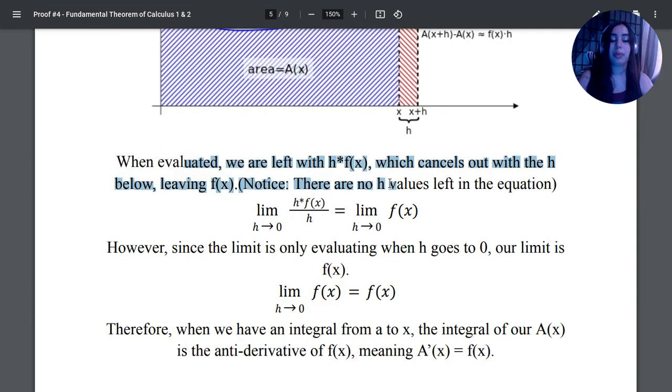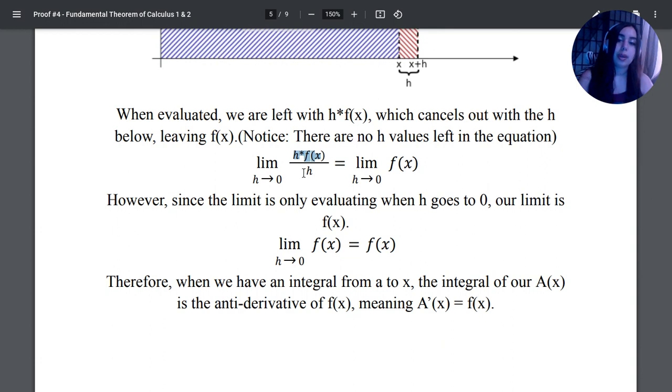So when we're evaluated, we're left with this, and when we plug that into the equation, we get the limit as h goes to 0 of h times f of x over h, and because there is an h in both the numerator and denominator, we can just cancel that, so it leaves the limit as h approaches 0 of f of x.